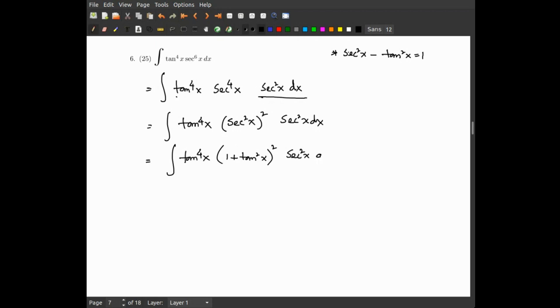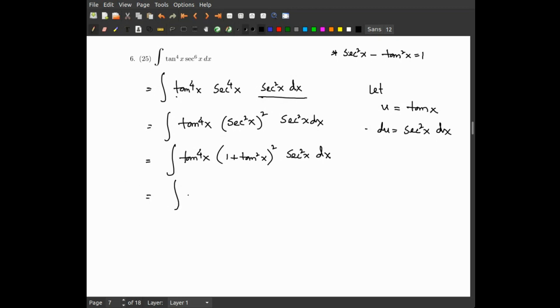And now we have secant square x and dx at the end. Now we are ready for our u substitution. So u equals tangent x, and in this case du will be secant square x dx. That's perfect.